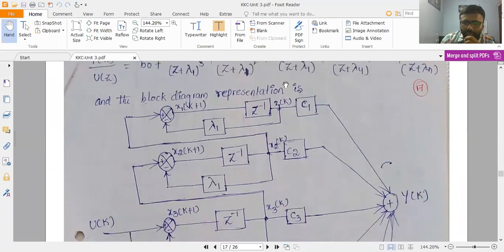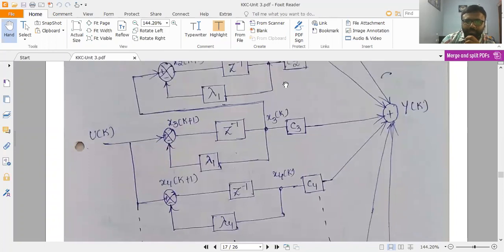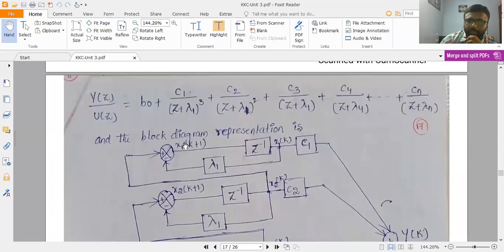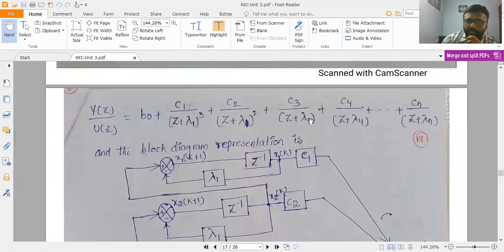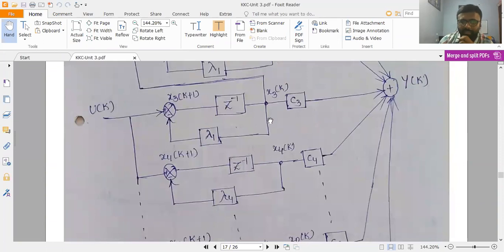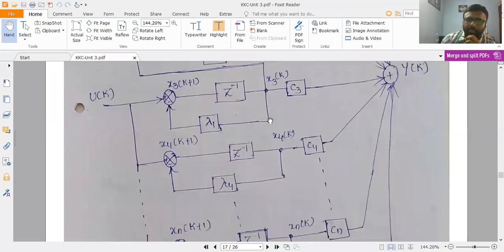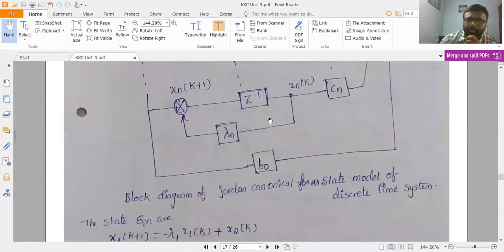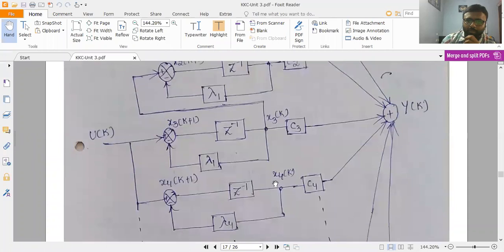Therefore, u of k is going to be connected to the third pole. Why? Because there is no repeated pole here, and later on it is going to be connected in the same phase, which is represented in the normal canonical form, and it is going to be connected up to b naught.